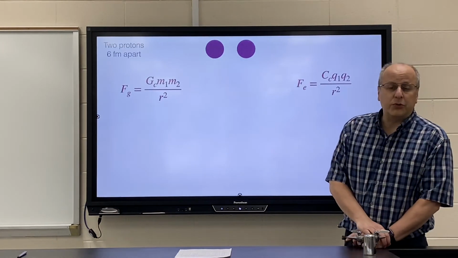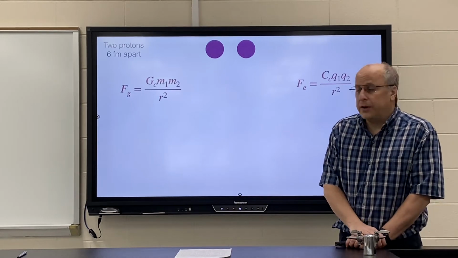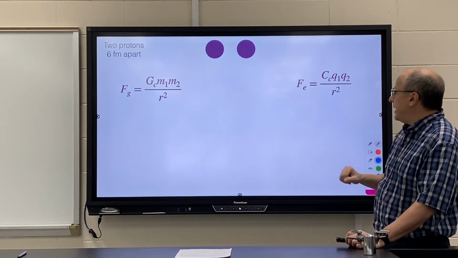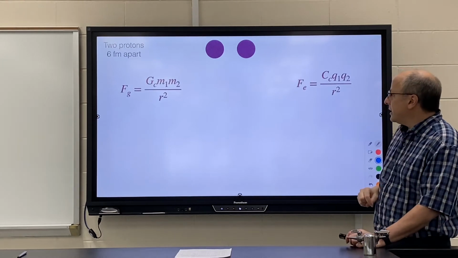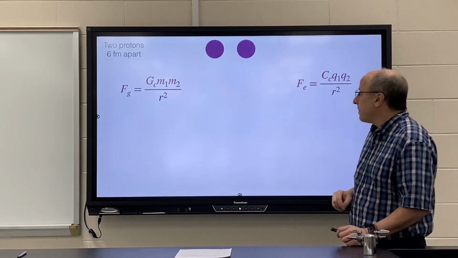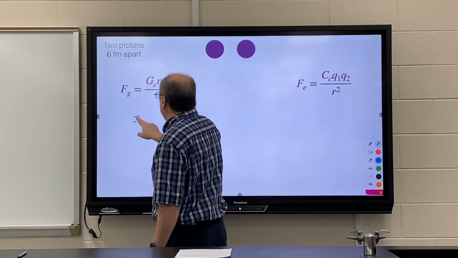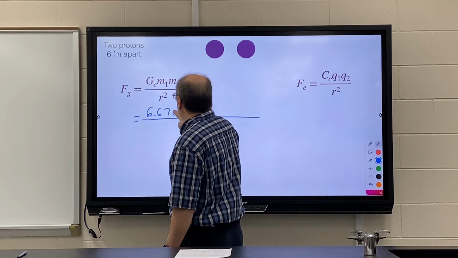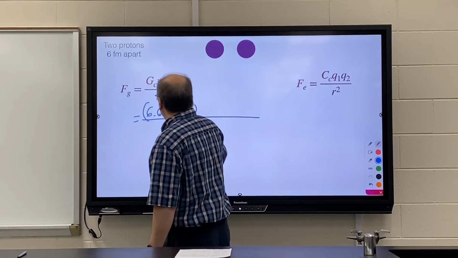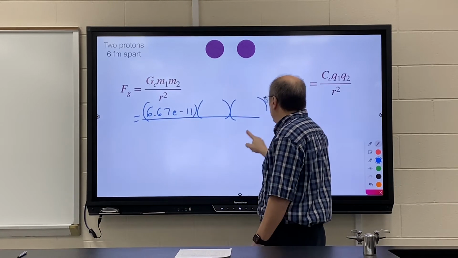To show you how much weaker it is, I'd like you to do a problem where you find the force gravity and the force electric between two protons that are 6 femtometers apart. So starting with gravity, use your gravitational constant, look up the mass of a proton and use it twice.